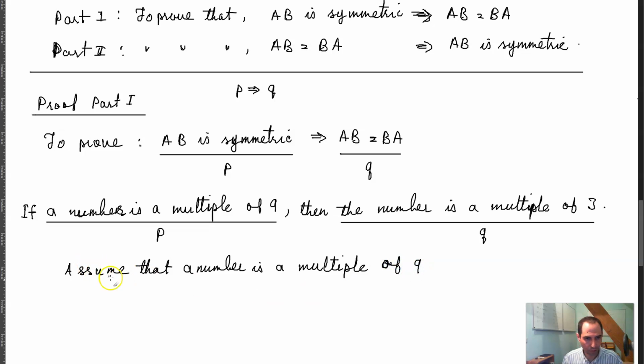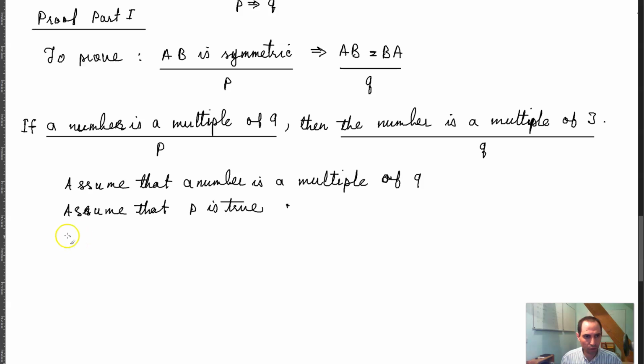In other words, I'm going to assume that P is true, and then, based on that assumption, I'm going to prove that Q is true.